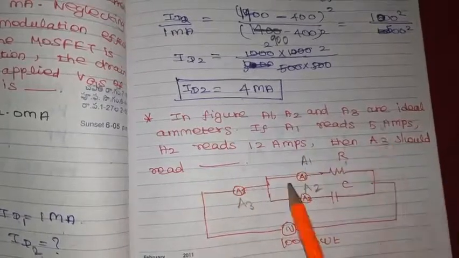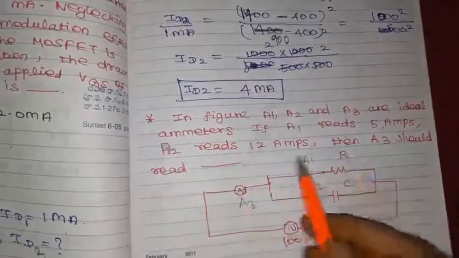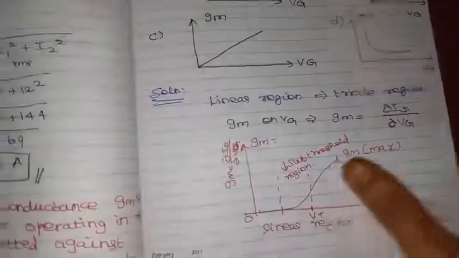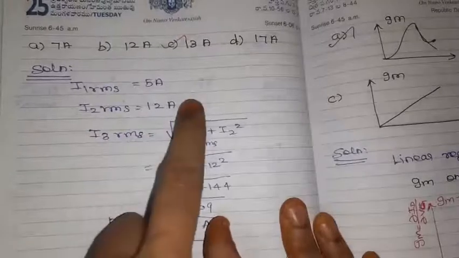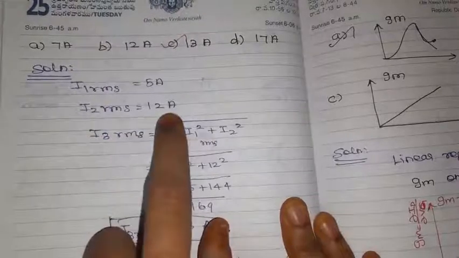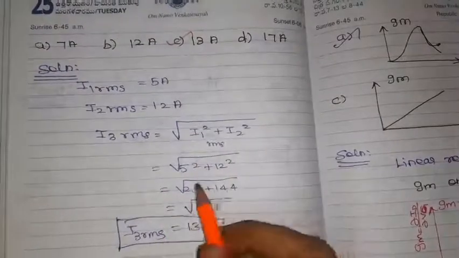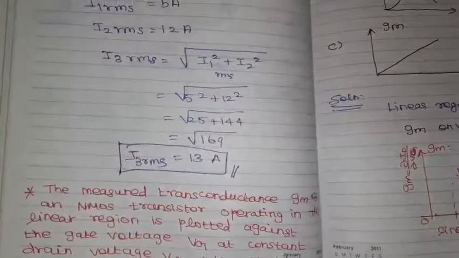A1 is 5 and A2 is 12. We need to find out the A3 value. I1 RMS is 5 amperes, I2 RMS is 12 amperes, and I3 RMS will be the square root of I1 squared plus I2 squared. So 5 squared plus 12 squared gives I3 RMS as 13 amperes.